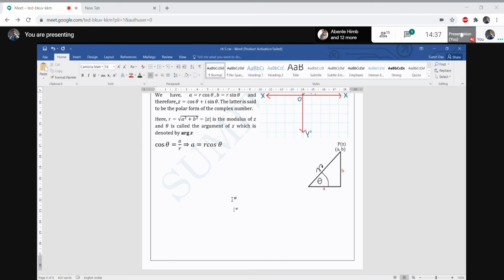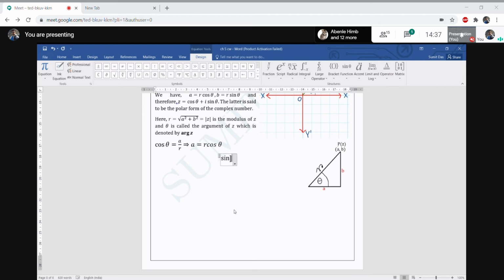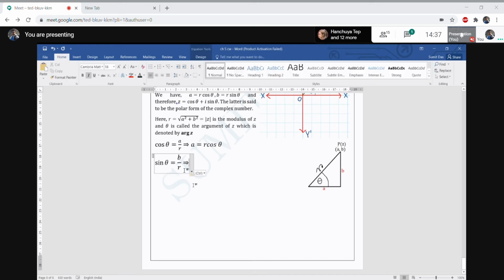Similarly, sin theta equal to b by r. Sin theta means perpendicular divided by hypotenuse. So if you simplify this, b will be equal to r sin theta.